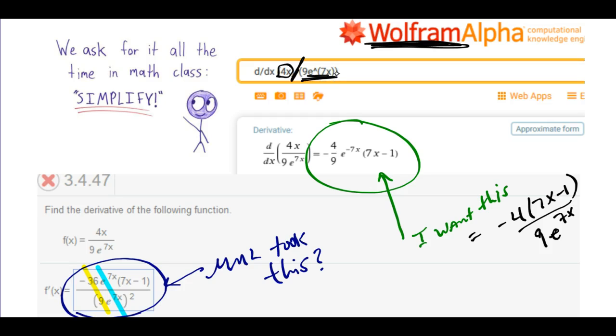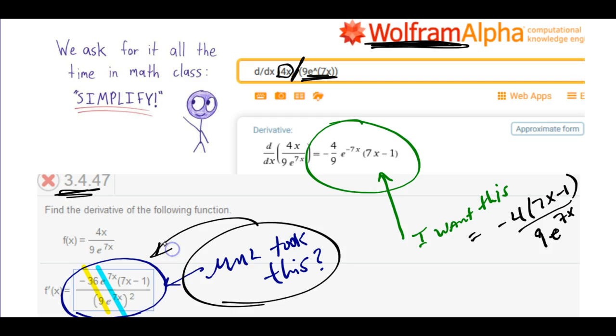In the last video we talked about low d high minus high d low in section 3.4. MyMathLab took this as a solution, and I'm just saying, when you take your written test, I'm not a big fan of a solution like this because it can be simplified. I want this for the final answer.